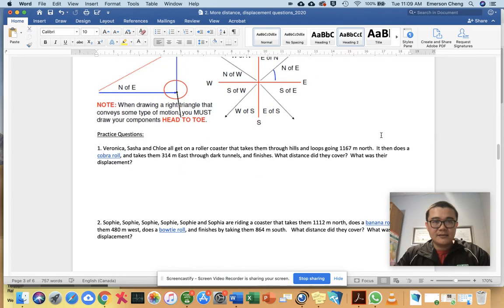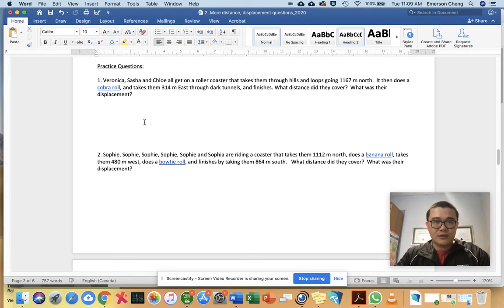So in this case, let's do one practice question. Veronica, Sasha, and Chloe all get on the roller coaster, and that takes them through the hill and loop.